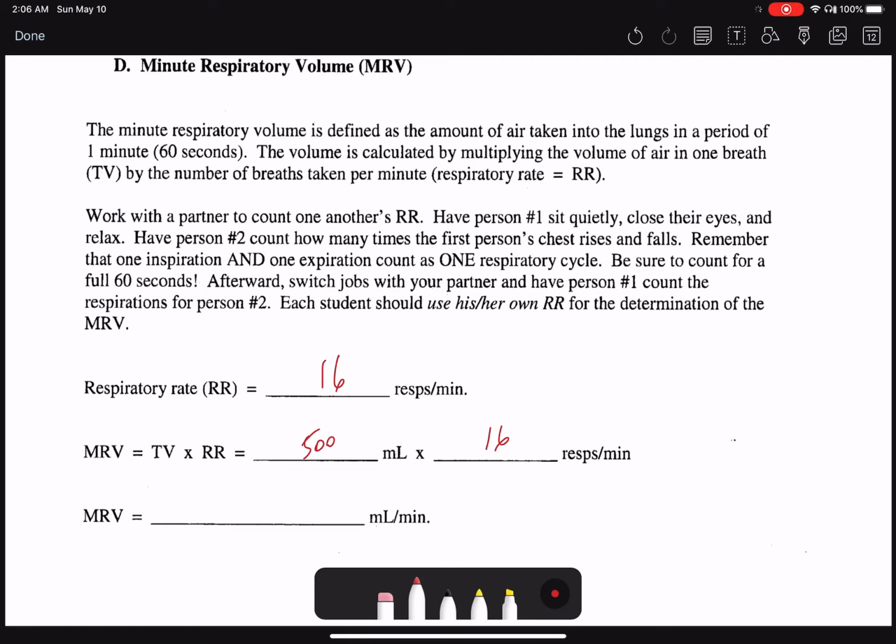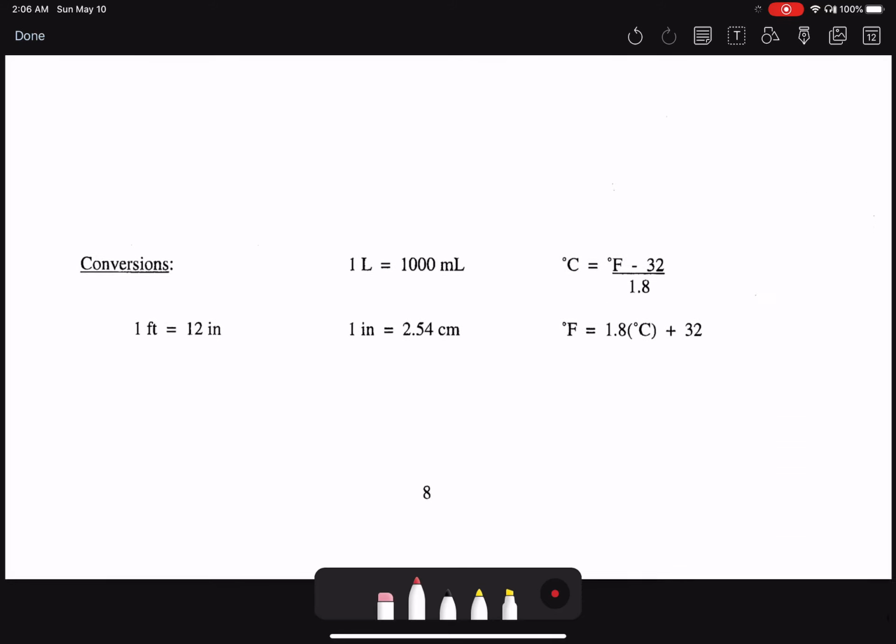You got to choose which one, but they're both going to be the same because you're always going to be inhaling and exhaling the same amount of air. So in this case, 16 times 500 is going to be 8,000 milliliters per minute is my estimated MRV.